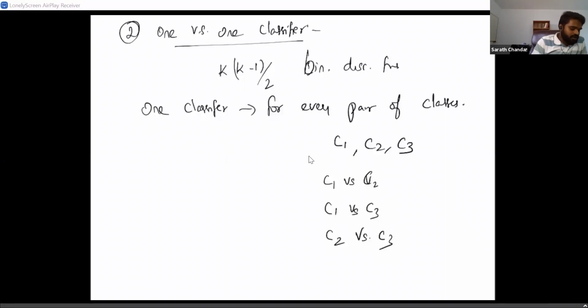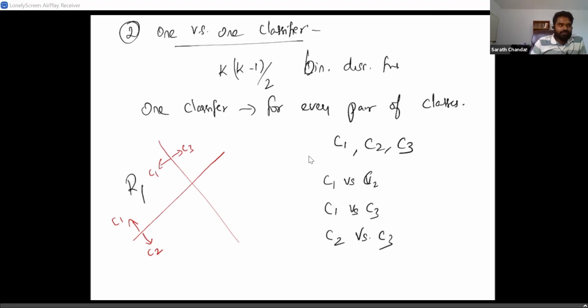So for example, let's say this is the decision boundary for C1 versus C2. And similarly, let's say this is the decision boundary for C1 versus C3. Now anything in this region is called the region for class 1. Now similarly, I could have the third classifier, which is C2 versus C3.